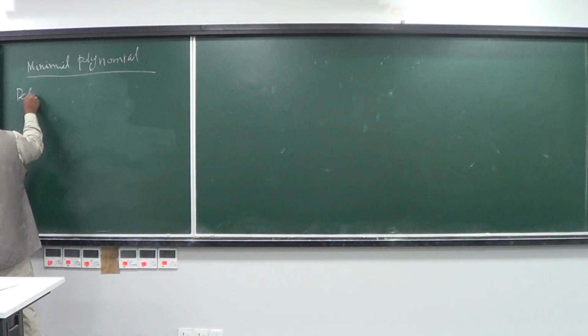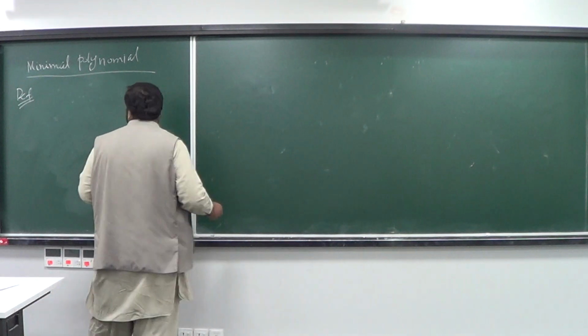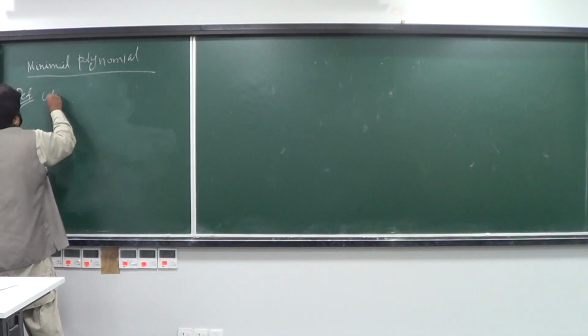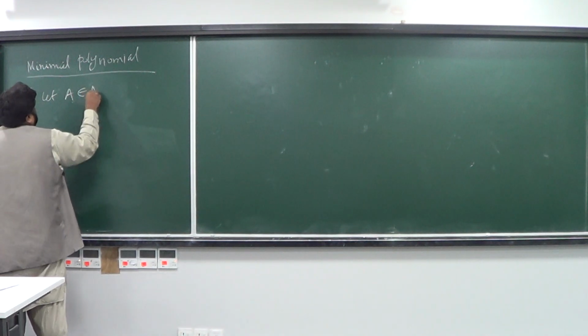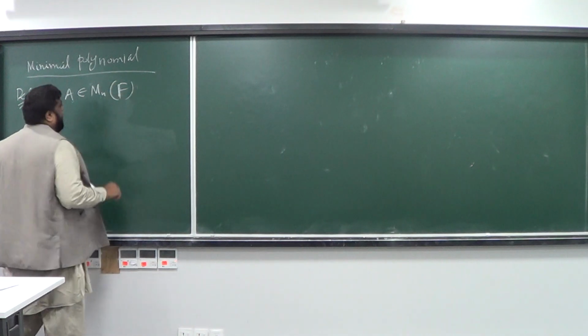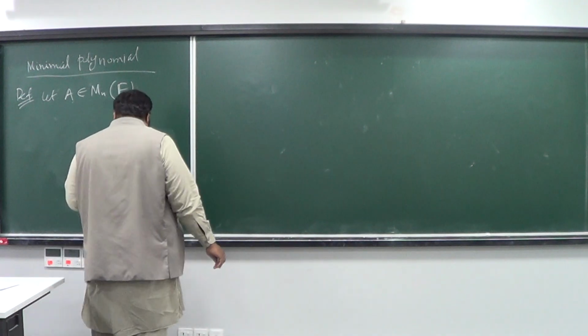Here's a definition. I'll do one example and then we'll do some properties of the minimal polynomial. Let A be a square matrix with entries from a field F, and this field can be the field of real numbers or the field of complex numbers.